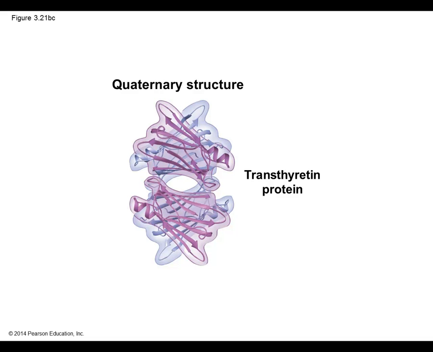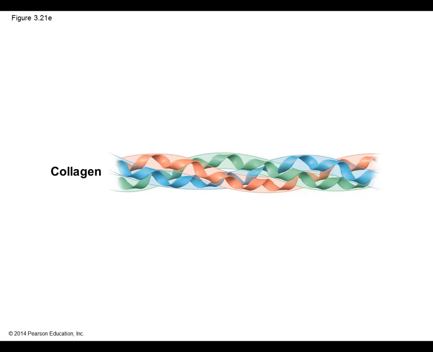Quaternary structure is going to involve more than one polypeptide unit, more than one protein. Here's an example of quaternary structure, transthyretin, that consists of two separate protein subunits. The next example is collagen.